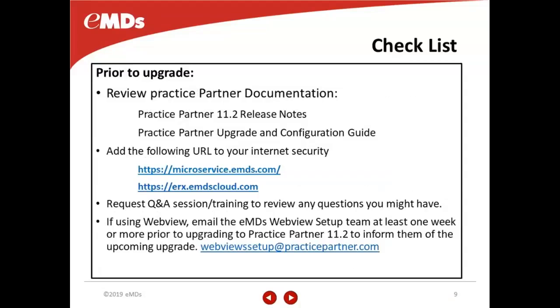Prior to the upgrade, review the practice partner documentation. We're going to have the 11.2 release notes available, and you will also have the upgrade and configuration guide, this checklist, and quick start information as well. There will be more information available to you as needed. Also, Enterprise requires that on your internet security you add these two URLs inside the internet security window, because that's what launches all those windows.